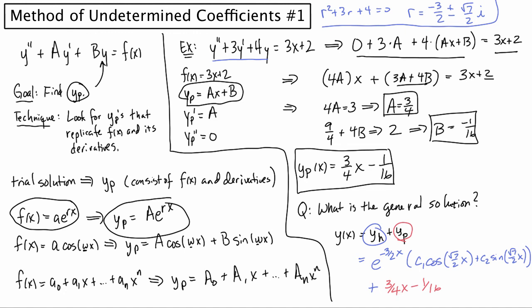So together, both of these form the general solution of this differential equation. One part homogeneous, one part particular, and in this lesson, we know how to solve for the particular solutions using method of undetermined coefficients.